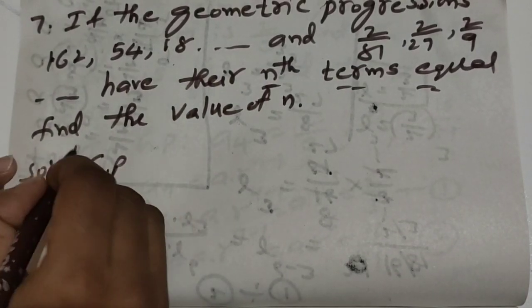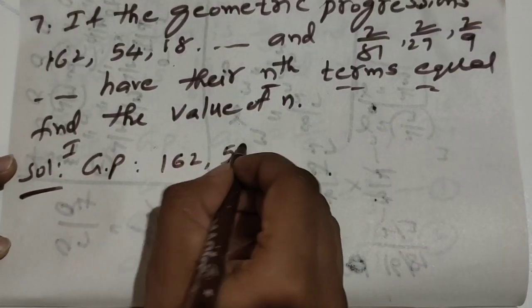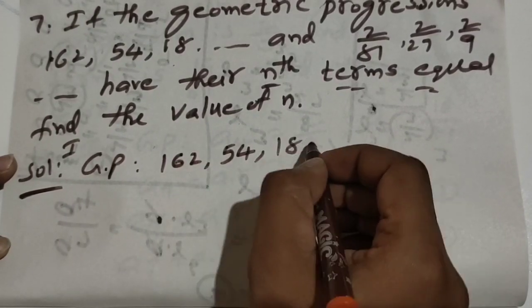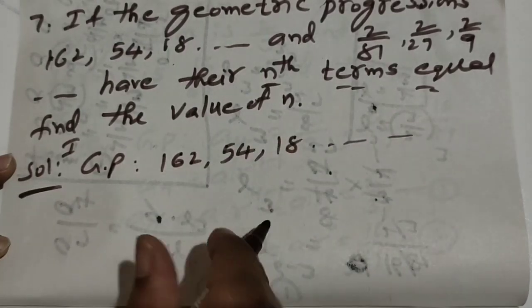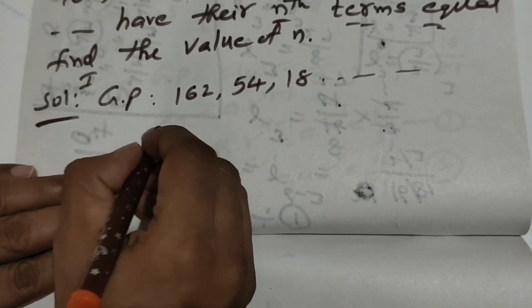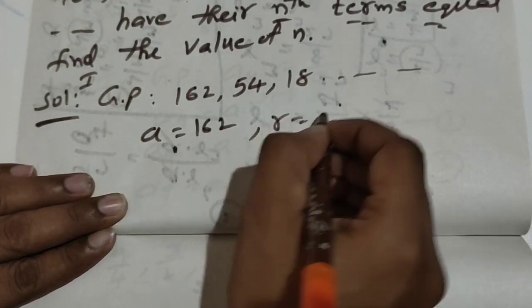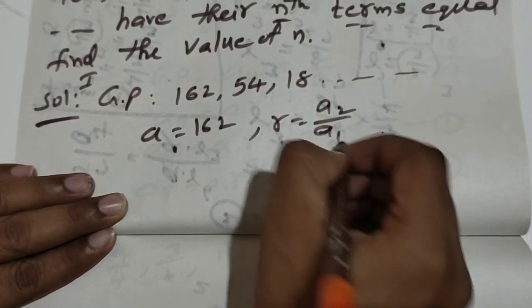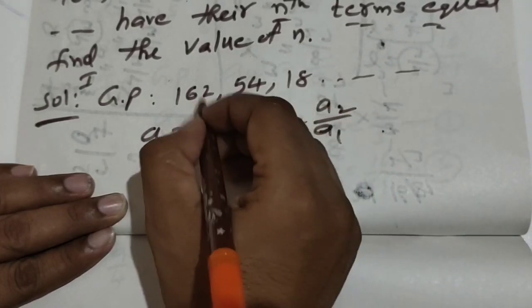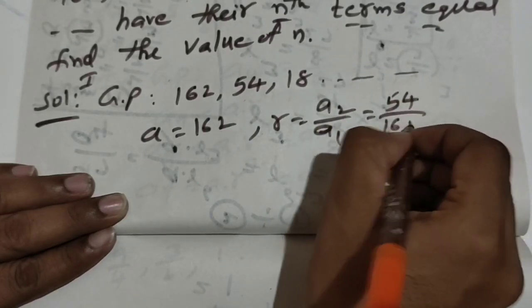So now here first GP. What is the first GP here? 162, 54, 18 up to so on. Now to get nth term we need a value. So a value is the first term, 162. R is simply the common ratio, that is the ratio of successive terms, a2 by a1, 54 by 162.